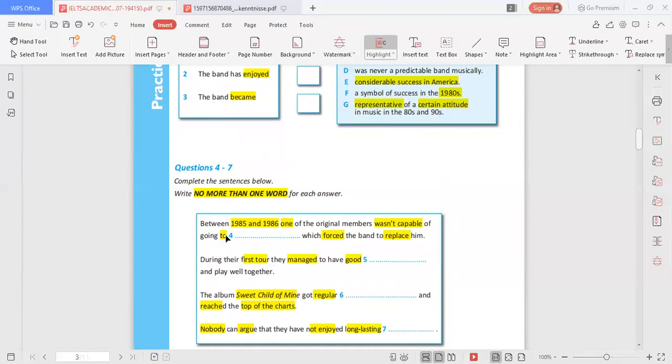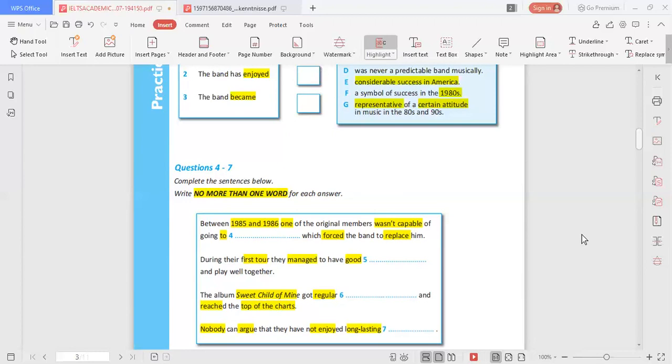And then also you always want to highlight something directly before the gap, because it will help you with your search when you're searching for the right part of the text. And then I've also got a keyword here, forced, and then the band to replace him. All right, so that's what we're going to look for, these keywords, keeping context in mind, of course.